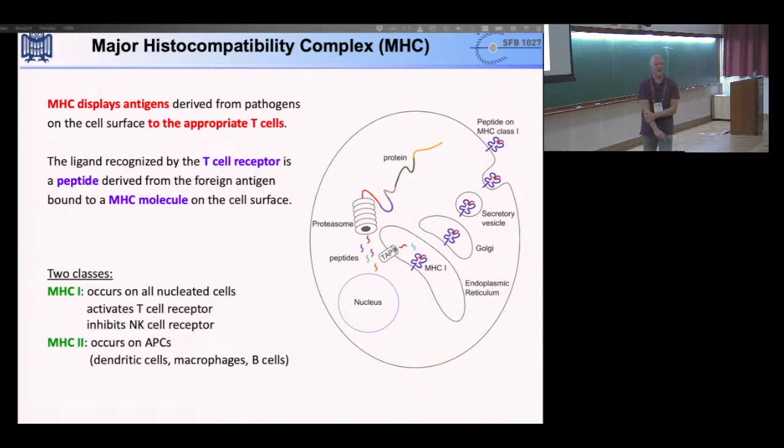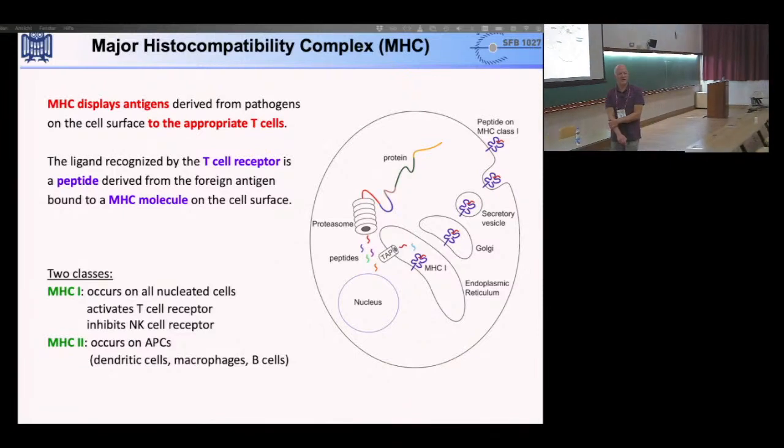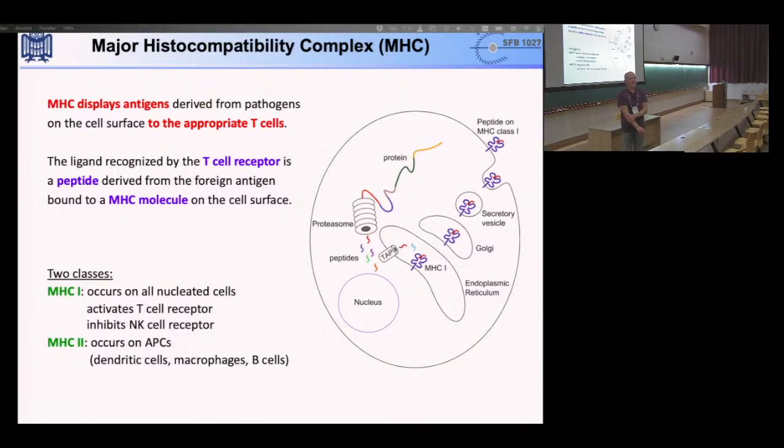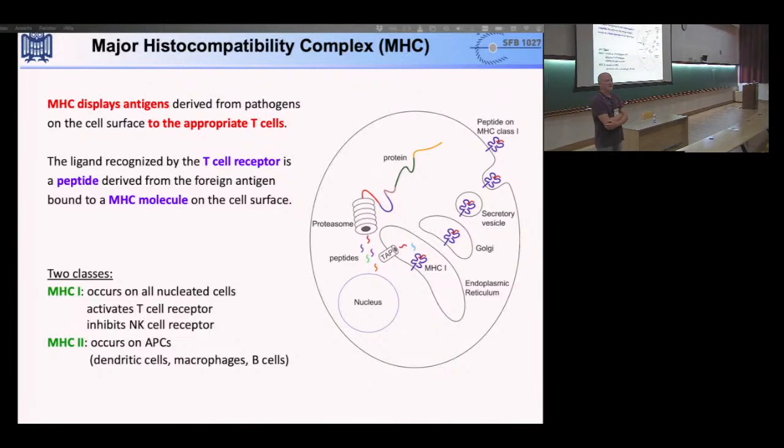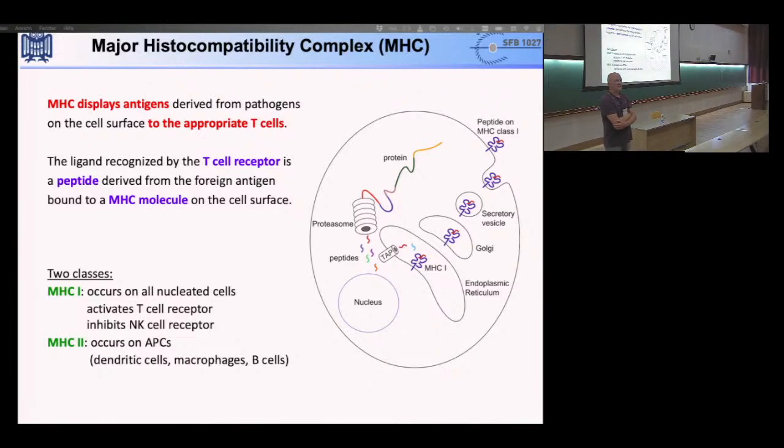Yes? The foreign locks which are entering won't all be identical. So how is this recognition process optimized? How can one key fit different locks? Well, there are 10 to the 18 potential keys. The number of naive T cells I do not have in mind, but it is also a very large number, perhaps 10 to the 15.